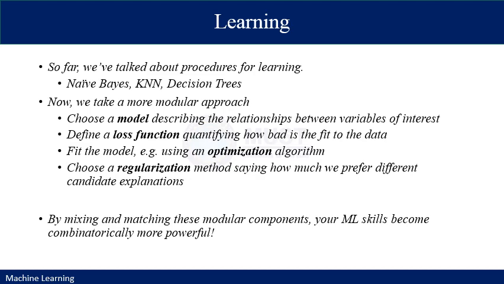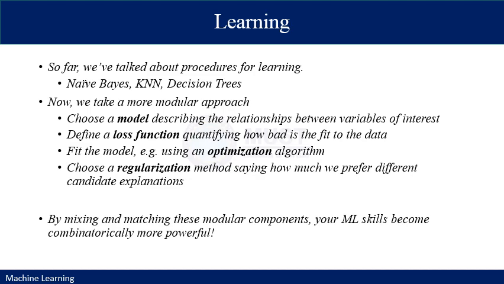The first and foremost choice is the selection of a model describing the relationship between variables of interest. For example, what model will you employ to choose a restaurant? What factors are more important to you and on what factors do you put more emphasis?